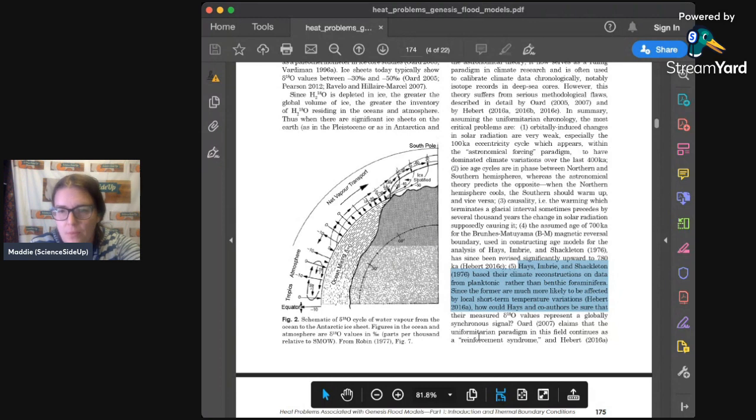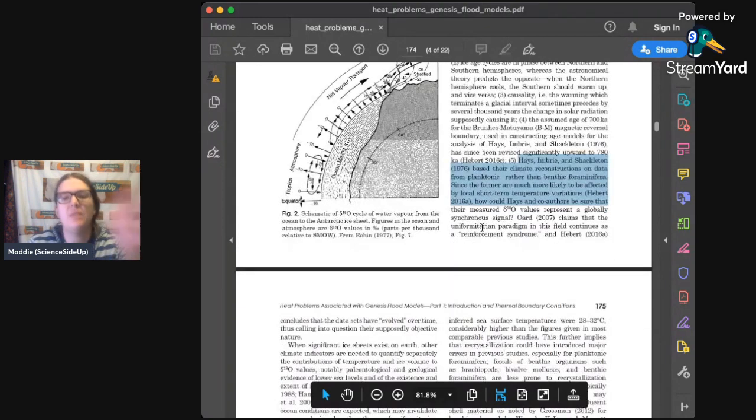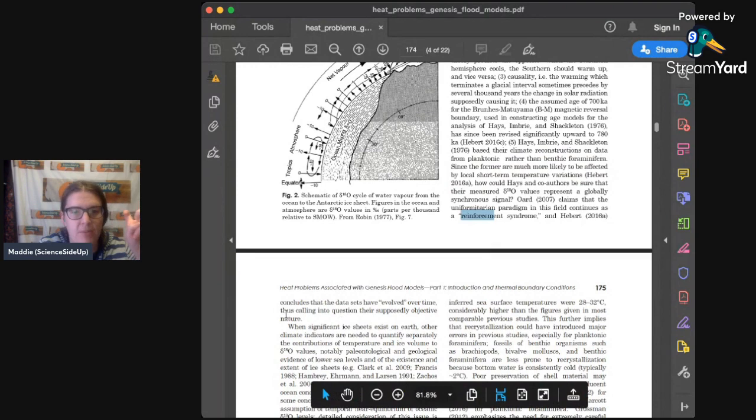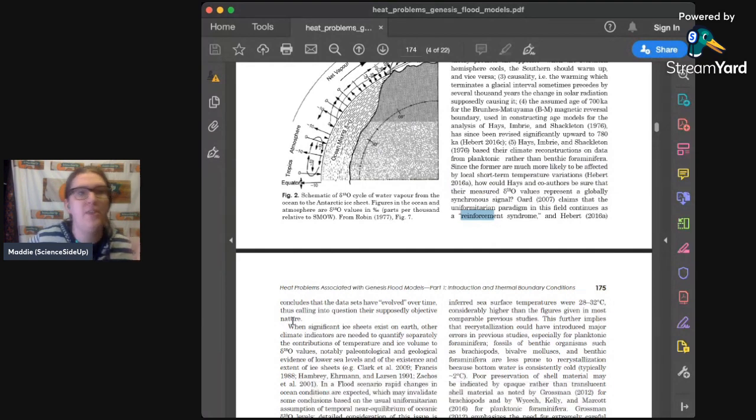And oh, this is something I've heard before. This comes up in climate change, this idea of the reinforcement syndrome. The data sets have evolved over time, calling into question their supposedly objective nature. This idea that we added more data to something old and the new data supports our theory even better.